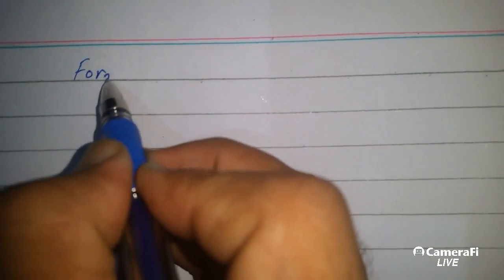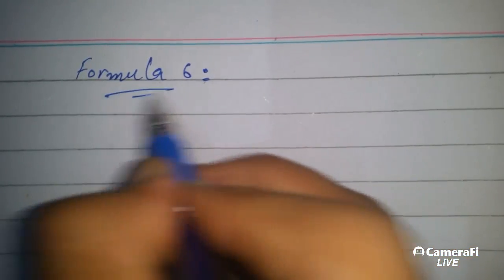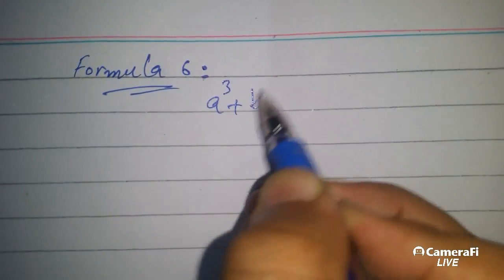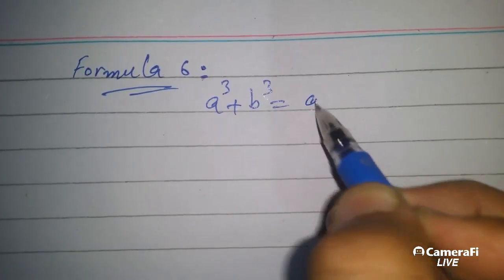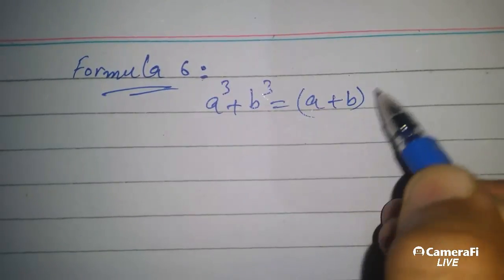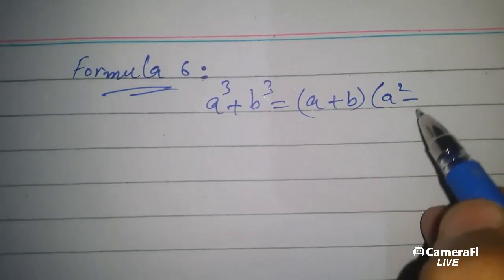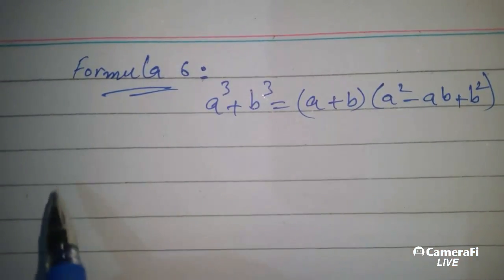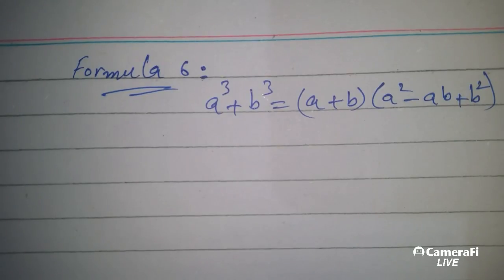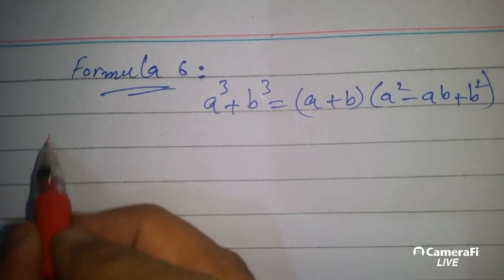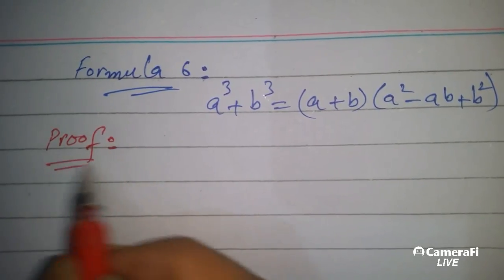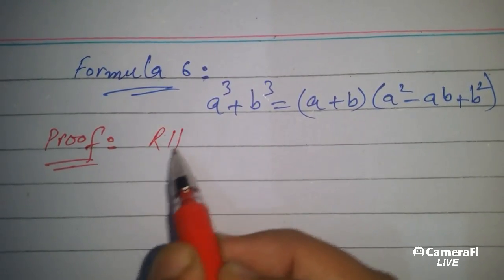Formula number 6, a cube plus b cube equals (a plus b) into (a square minus ab plus b square). In this case, we will take right hand side.